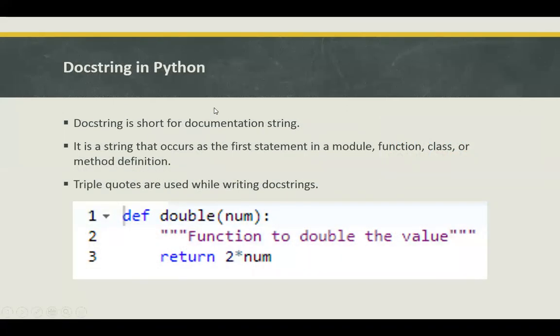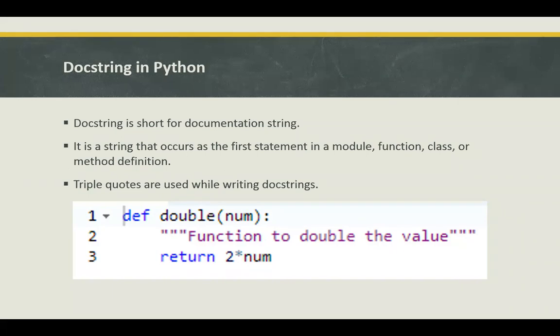Next one is a document string in Python. So docstring. As the name says, it is the documentation string. Suppose you want to assign a description to a particular function or class, that time we use this docstring. It is a string that occurs as the first statement in a module, function, class, or method definition.